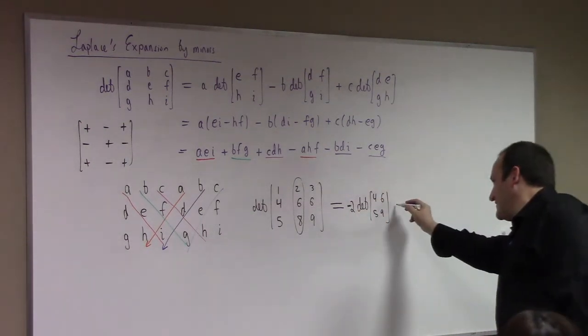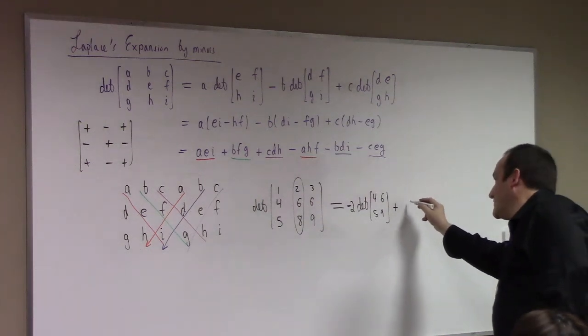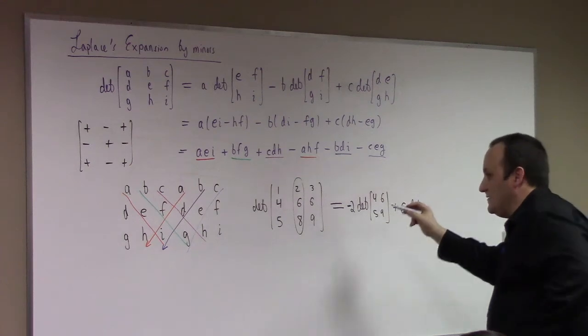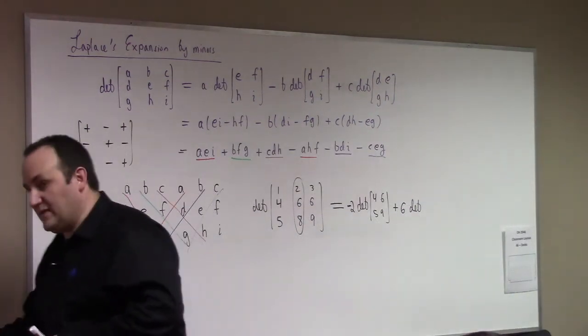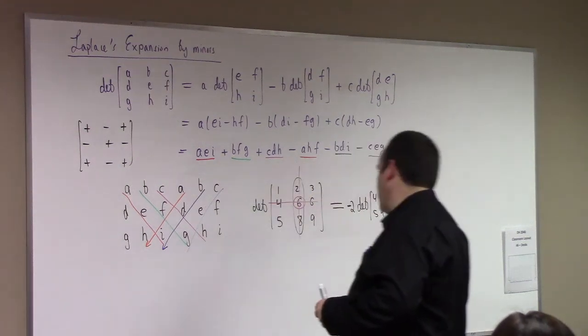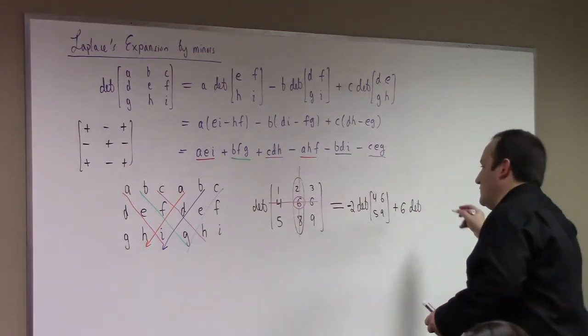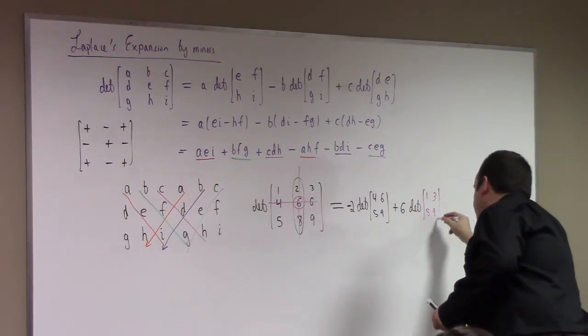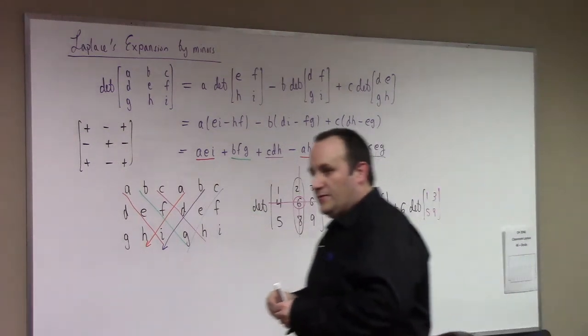Then I do plus, starting to debate whether I should have put this table somewhere else, 6 times the determinant of everything. So you look at the 6, which is here, and you basically cross out like that and take whatever's left over, which is 1359. All right? And then we do plus 8.